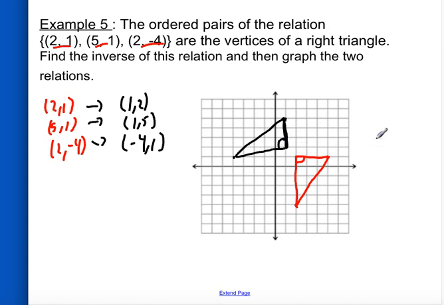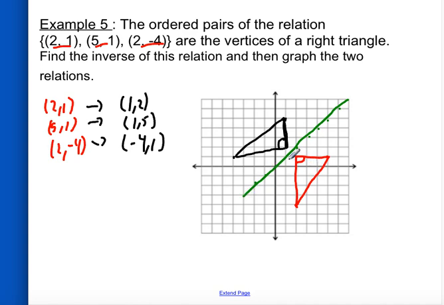Hopefully you can see the relationship with the inverses here. Let me draw the line in here. There's a line at y equals x. I'm going 1, 1, 2, 2, 3, 3 as I do my ordered pairs in here, and negative 1, negative 1, negative 2, negative 2. I just wanted you to see this picture.